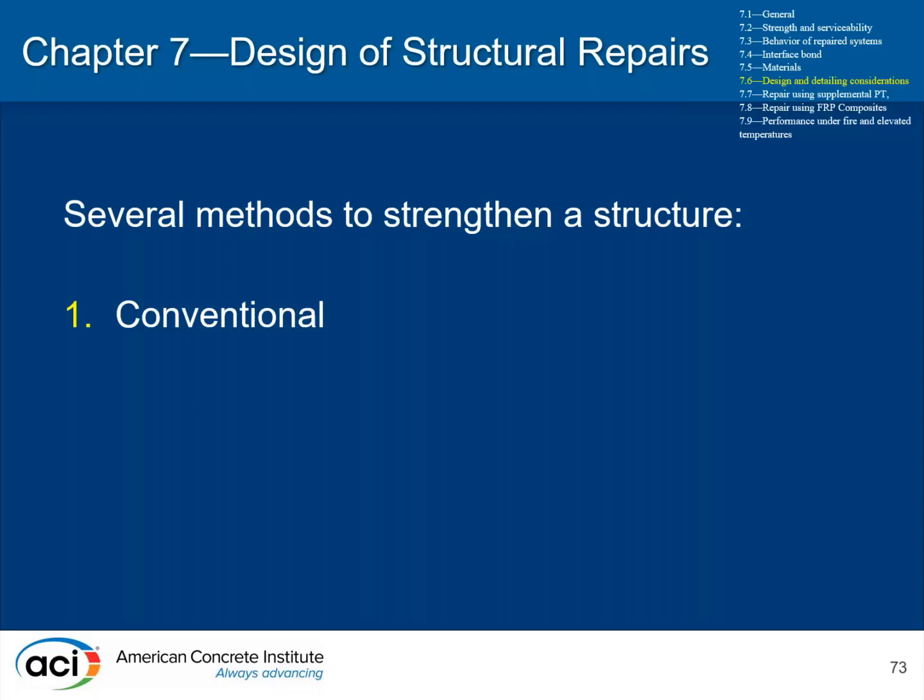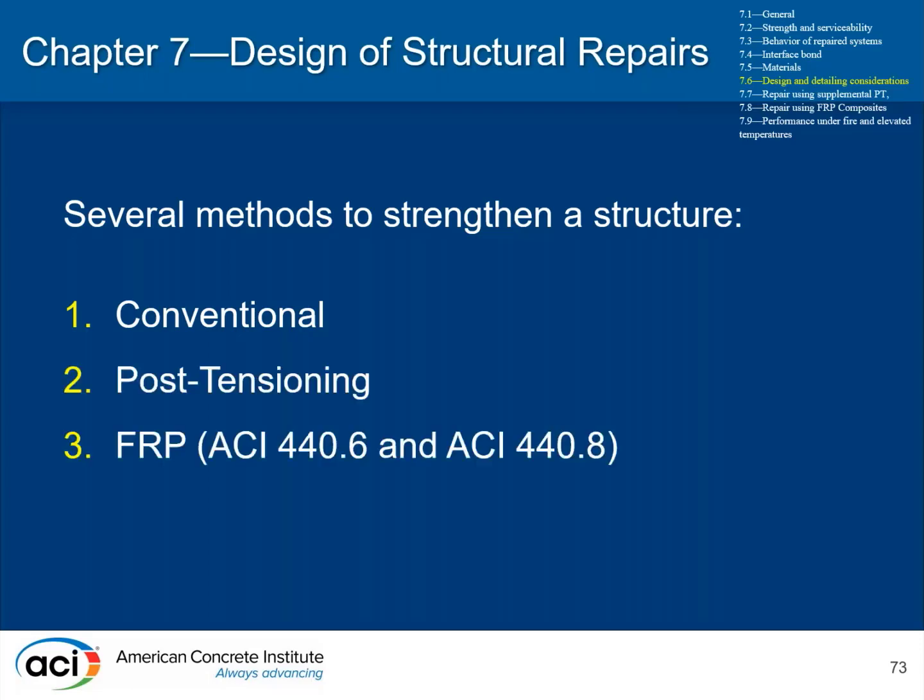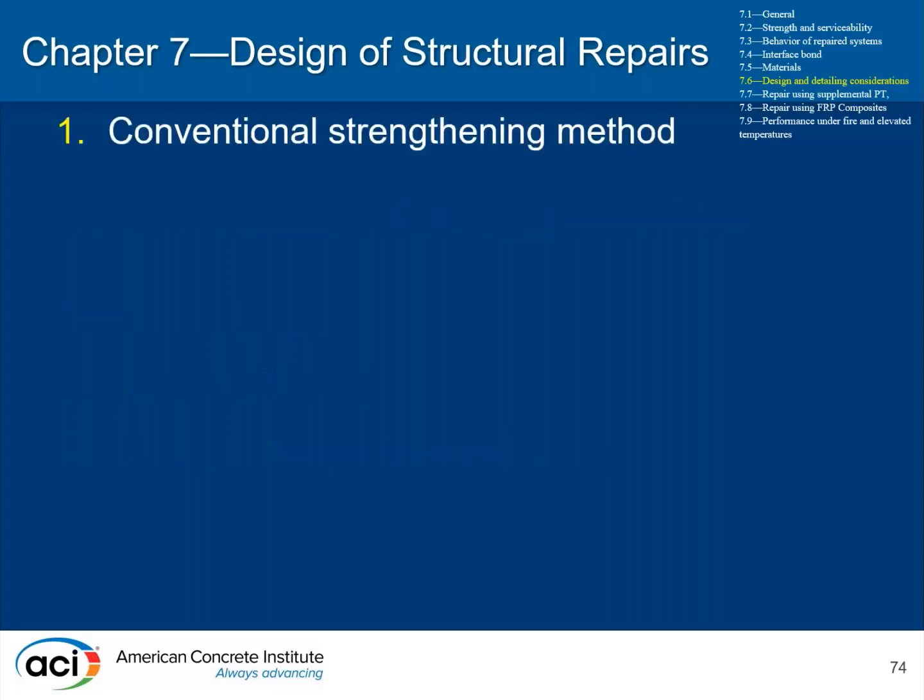Conventional reinforcing or conventional repair methodologies that primarily include removal of concrete or some use of concrete to create some additional capacity, post-tensioning, and FRP. And so ACI 562 includes provisions in Chapter 7 for post-tensioning and FRP, which provides some guidance requirements for the licensed design professional.